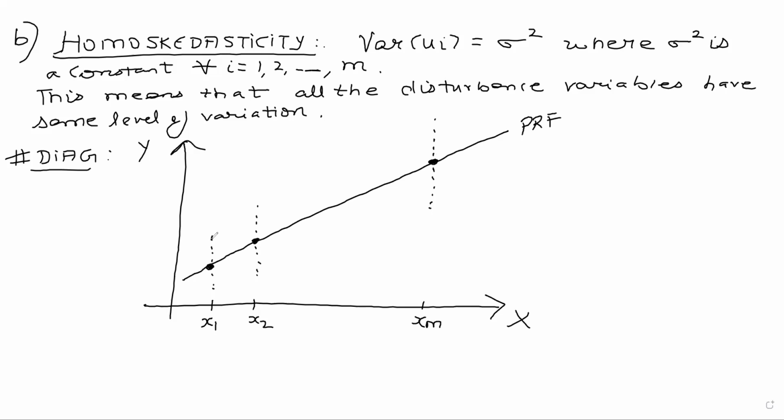Now guys, what are we further saying? Think about it like this: suppose my error term ui has a normal distribution. Then if you draw the normal distribution curve, it is somewhat going to look like this.